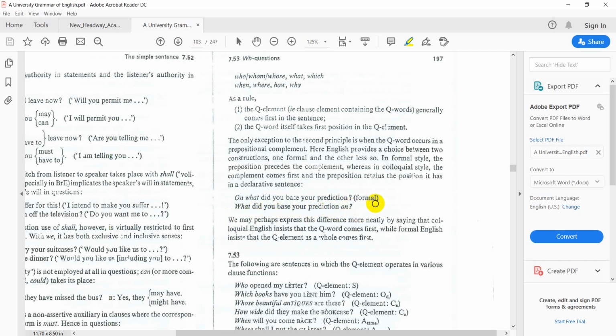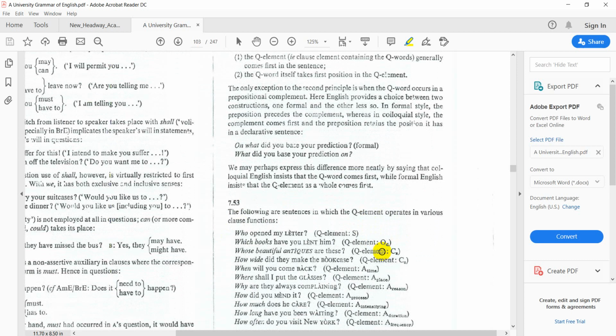This is formal. What did you base your prediction on? This is informal. We may perhaps express this difference more neatly by saying that colloquial English insists that the cue word comes first, while formal English insists that the cue element as a whole comes first.